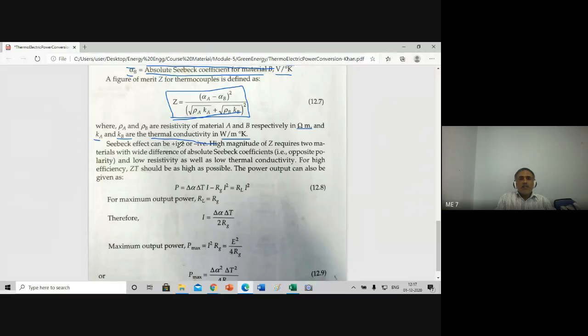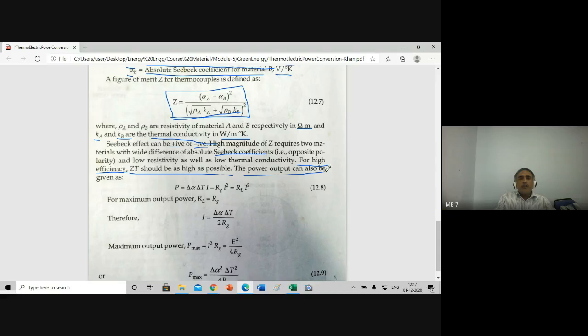The Seebeck effect can be positive or negative. A high magnitude of Z requires two materials with a wide difference of absolute Seebeck coefficient. For high efficiency, ZT should be as high as possible.